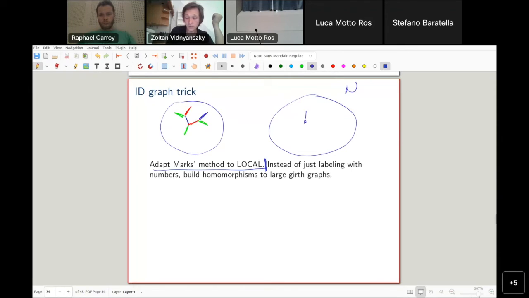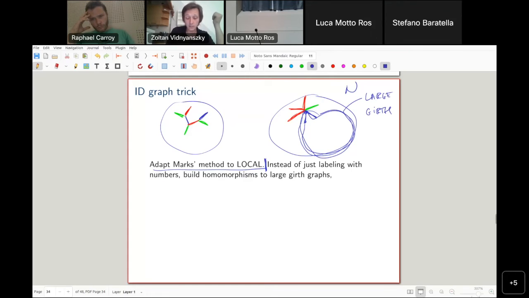In fact, not just a graph, but an edge colored graph. But there are some conditions on this graph, so it looks something like this. I use the same color on purpose here, and there is no same color on purpose here. And what is the property of this graph? That every cycle here is very large. So this graph has large girth.